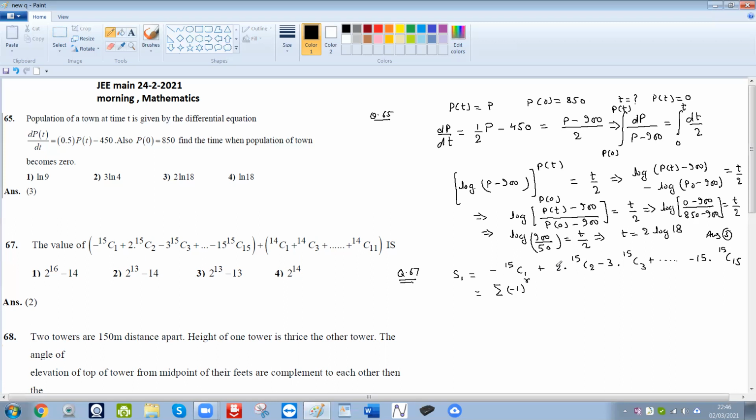We are getting a plus sign and we are also multiplying by 2. In the third term we are multiplying by 3. So this can be written as r into 15 C r, and r is going from 1 to 15.